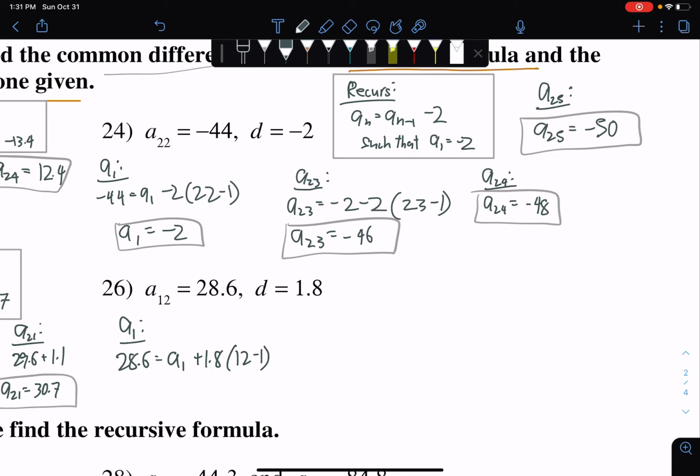So 1.8 times 11 is 19.8. Transpose to the other side. We get 8.8.